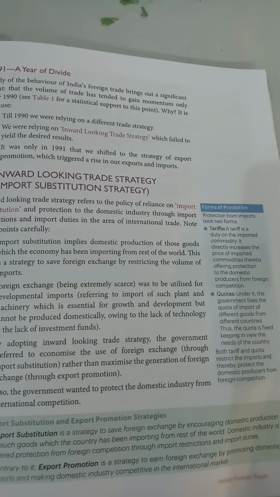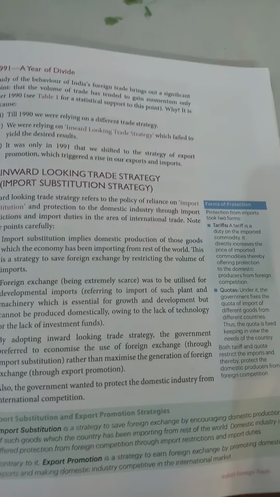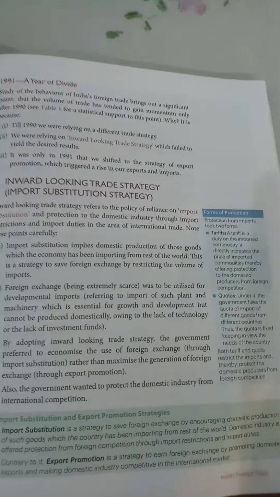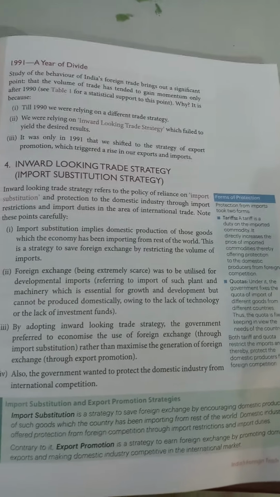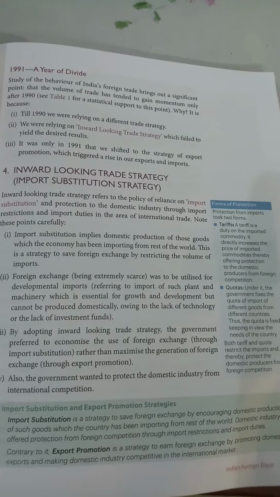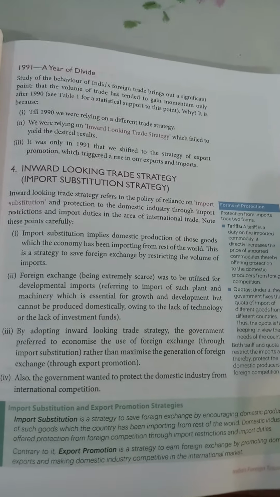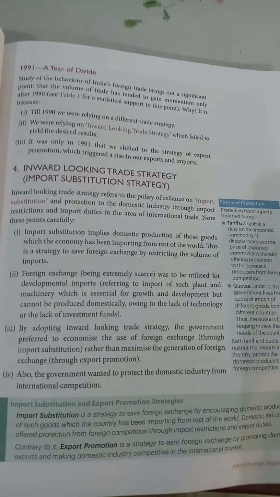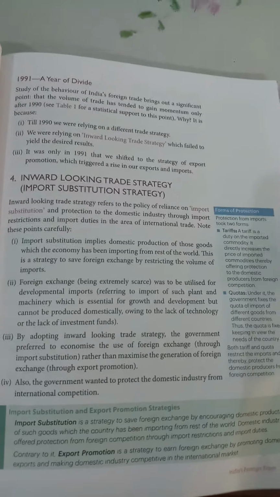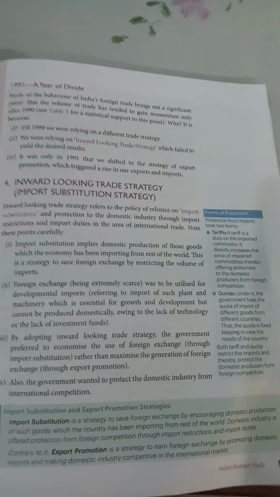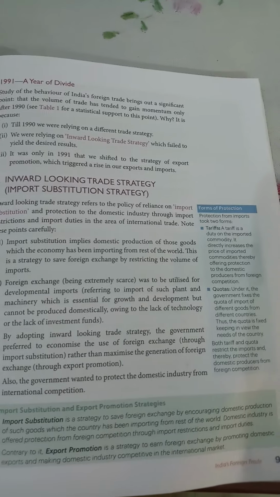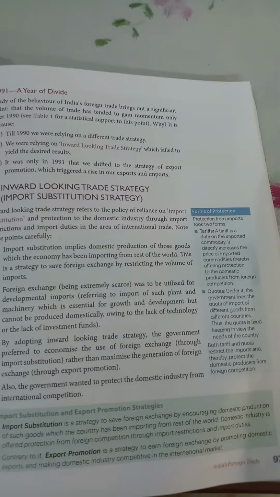So any foreign country cannot bring goods in a quantity of its own choice, but a restriction is put by the government, and after that, they cannot bring more goods. So people in India will be left only with domestic industry goods. These are the two techniques of stopping imports in our country.